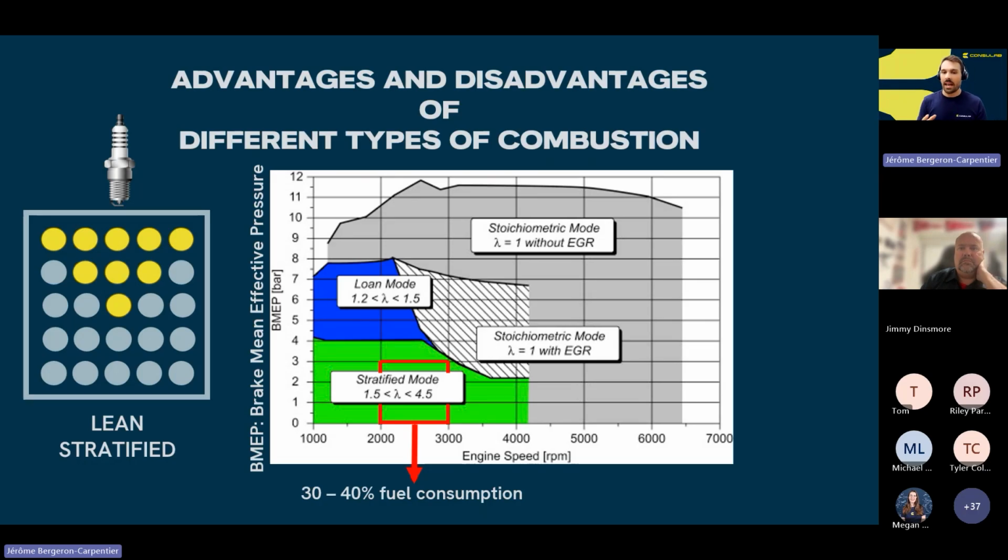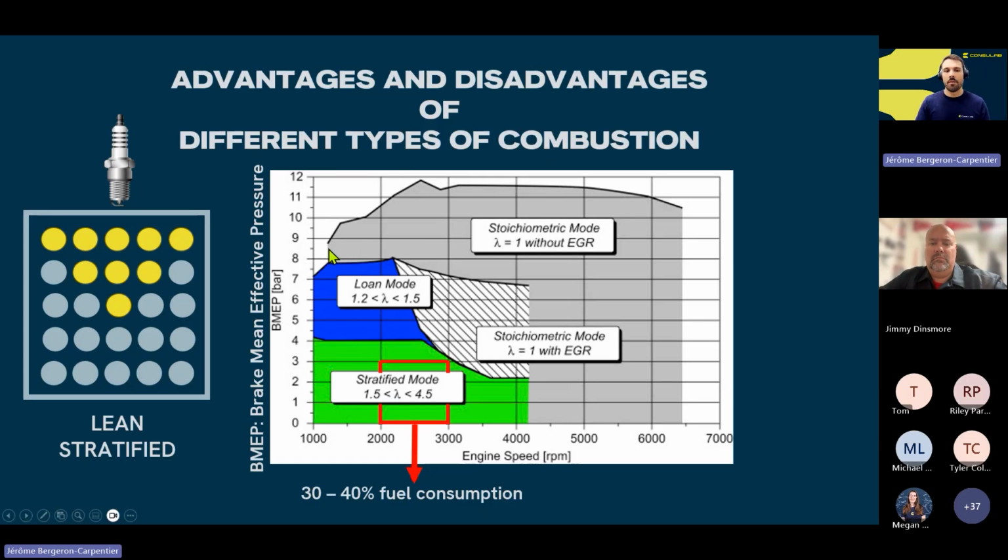But the thing is, again, the power is going to be a little bit less. We're going to gain some fuel consumption. The power isn't going to be as high as in a lean mode, but it's also going to prevent some pollutants from leaving the vehicle.